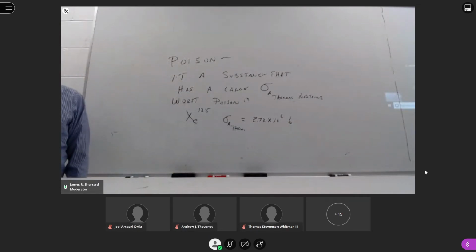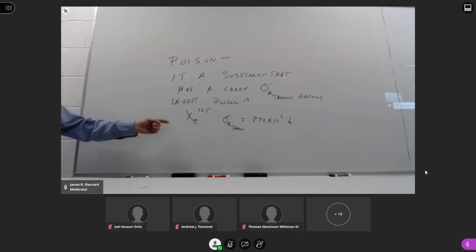That is huge. So if you have xenon 135, and unfortunately xenon 135 is in the decay chain for fission fragments for thermal fissioning, so this is a problem.